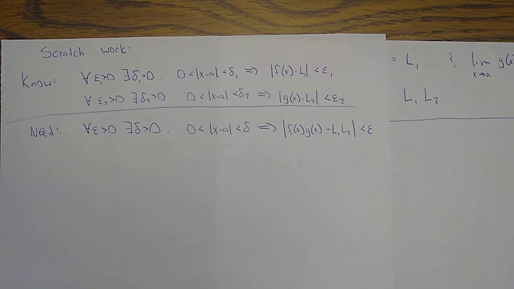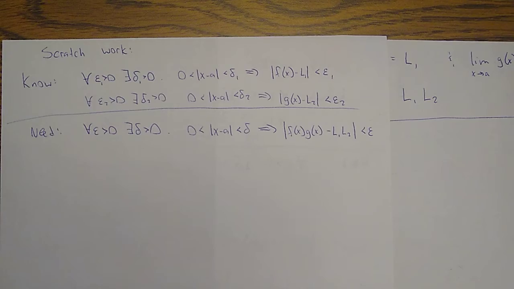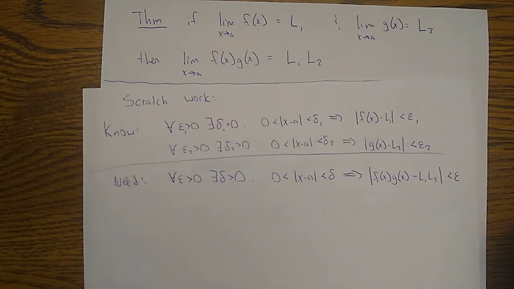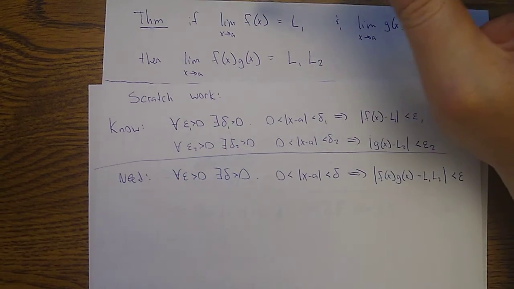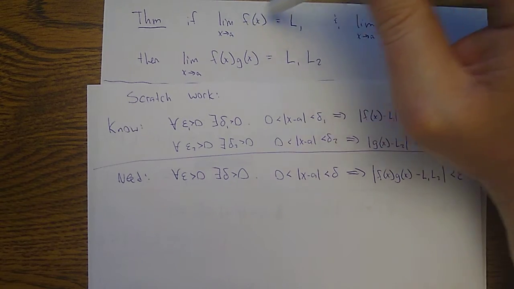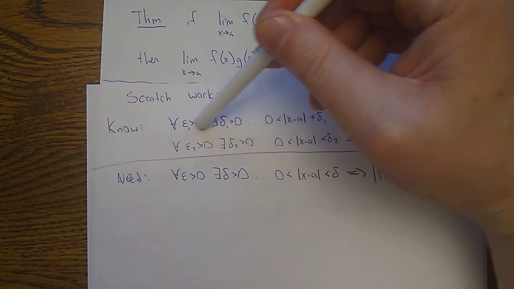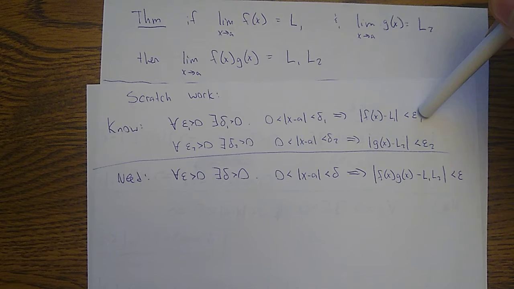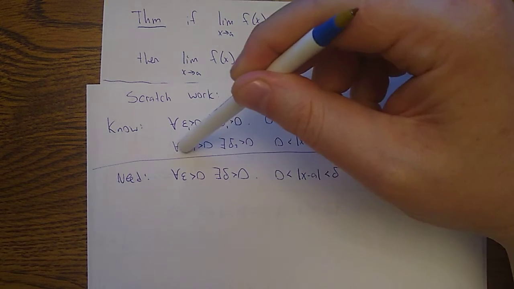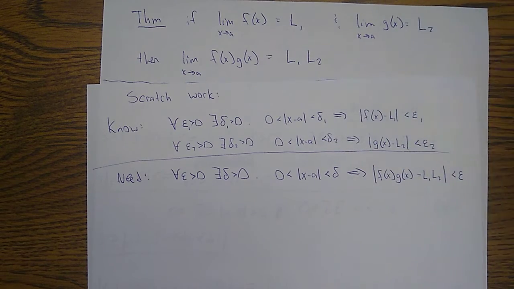So I have started our scratch work here. Just like last time, I translated our assumptions. I'm assuming that the limit as x goes to a of f of x is L1, which means this, and the limit as x goes to a of g of x is L2, which means this.